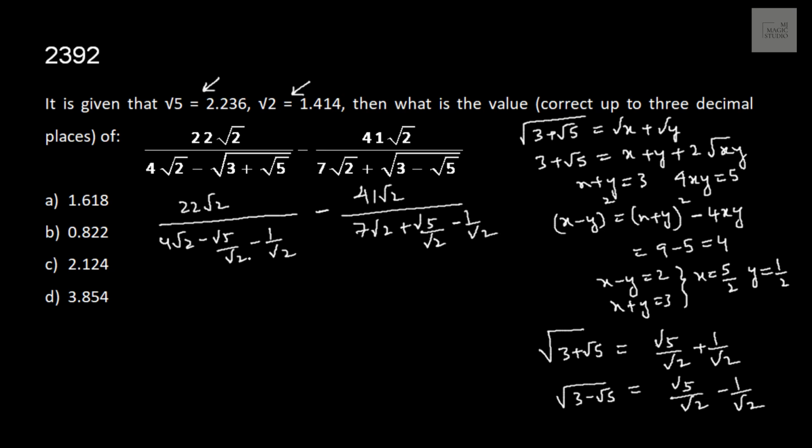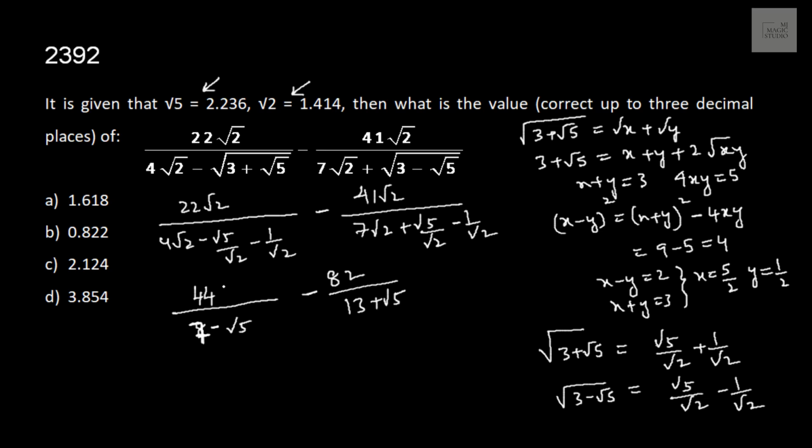Now if I multiply numerator and denominator by root 2, I'll get what? 22 into 2, that will be 44, upon 4 into 2, that is 8, minus root 5 minus 1. So let me write this as 7 minus root 5, minus, and if I multiply this by root 2, 41 into 2 would be 82 by 7 into 2 is 14, 14 minus 1 would be 13 plus root 5.